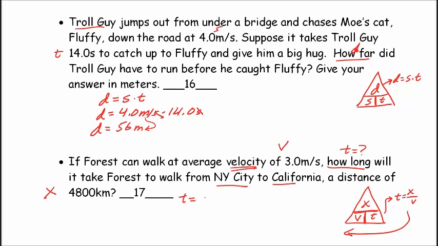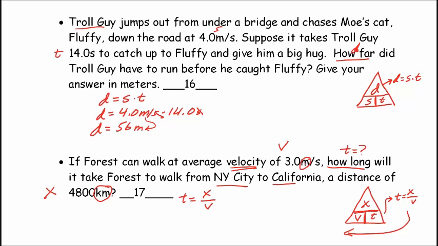Time equals displacement divided by velocity. Now we just have to substitute some numbers, some values. Well, we have a problem. If you look at this, the distance unit or the displacement unit right here is kilometers, but the distance unit up here is meters, so we have to make them match. How do we do that? Well, we use dimensional analysis.